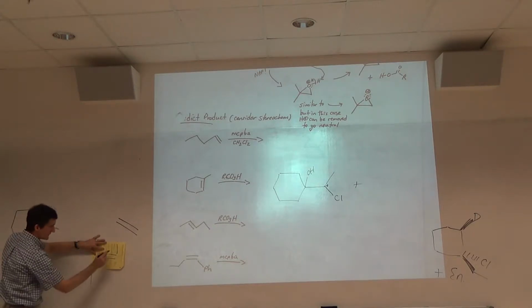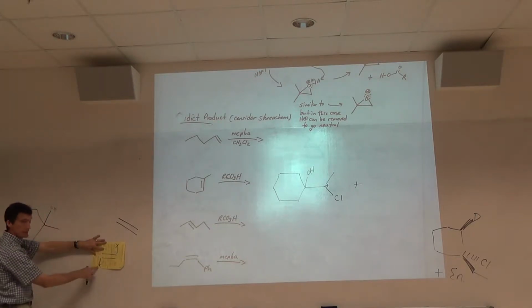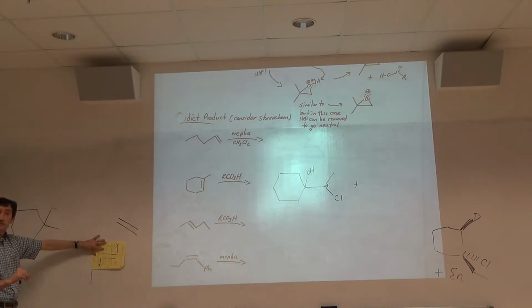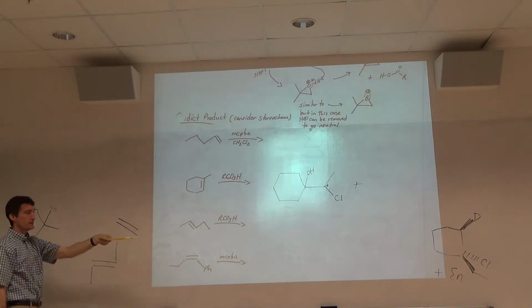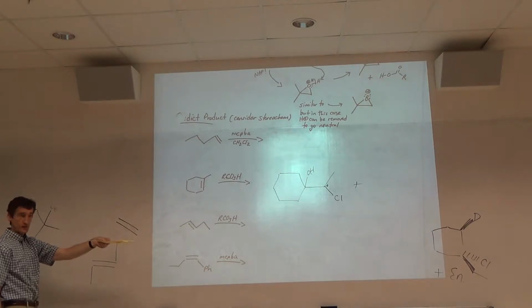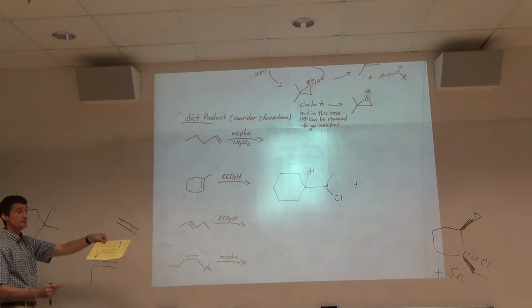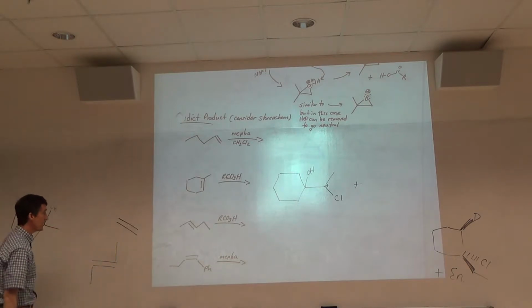Now, this is X and this is Y. See this X straight down? Now, when I turn the paper, I want you to tell me if X is forward or back. All right? I'm going to turn it like this. Is X forward or back? Forward. It's now forward. And the Y group is? Back. Okay? That's all we're doing.